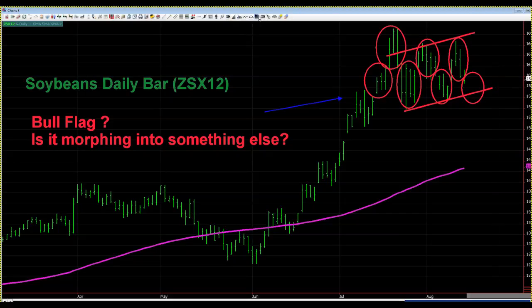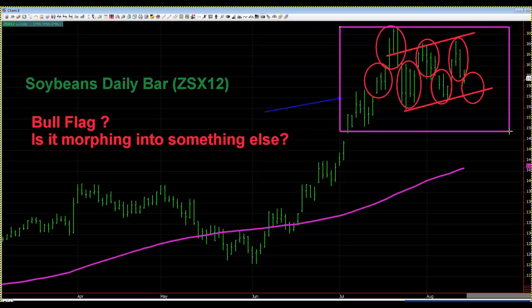Multiple head and shoulders gathering together creates tops and bottoms. So are the soybeans topping out? Has the bull flag morphed into something else? I think yes. I think that's what the bull flag is, what you're looking at right now. And it's becoming top heavy, and it's only going to mark time a little bit longer before it starts its descent. So that's what I'm getting from the soybean chart.